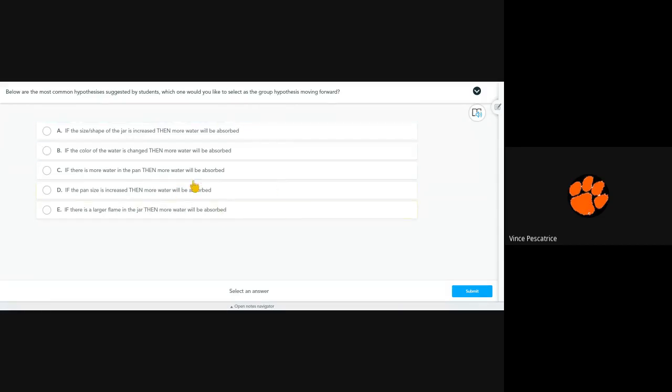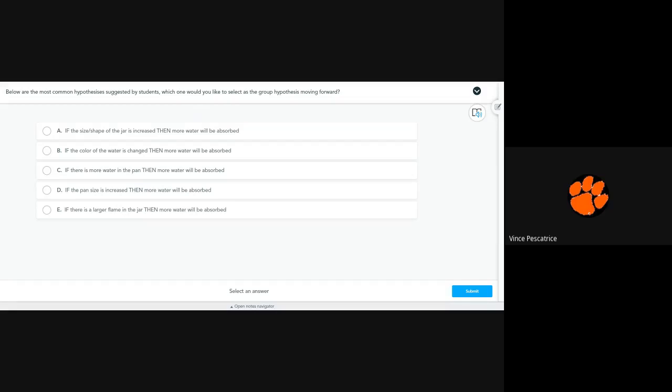Of these 5, we're going to choose one to be the class hypothesis moving forward. For the rest of the time today, we're going to talk about one of these being the class hypothesis when I refer back to it. So choose the one that you want to see be the class hypothesis. If you increase the size of the jar, then more water will be absorbed.